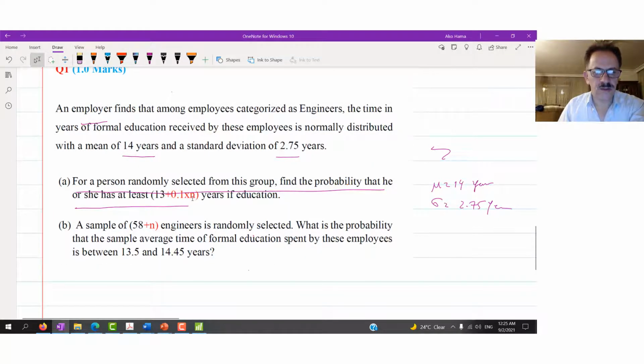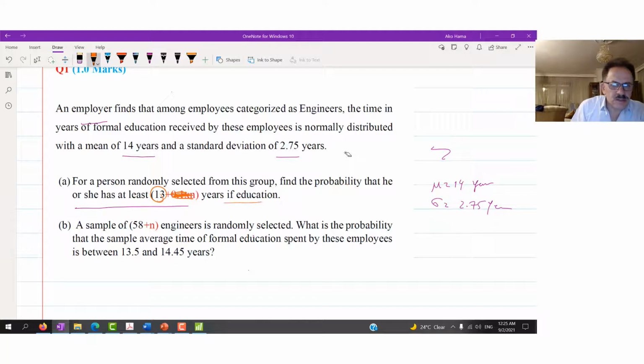And by the way, this is your n, so you don't need to add anything here. So we have at least 13 years of education. Find the probability that he or she has at least 13 years of formal education.